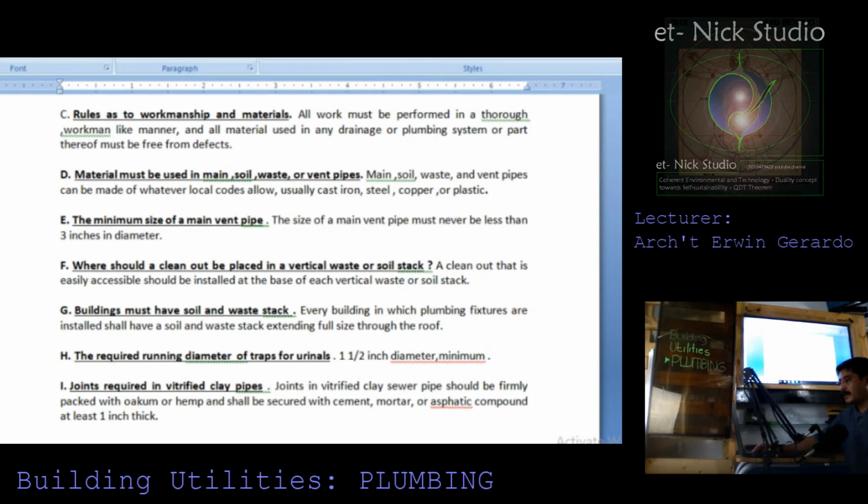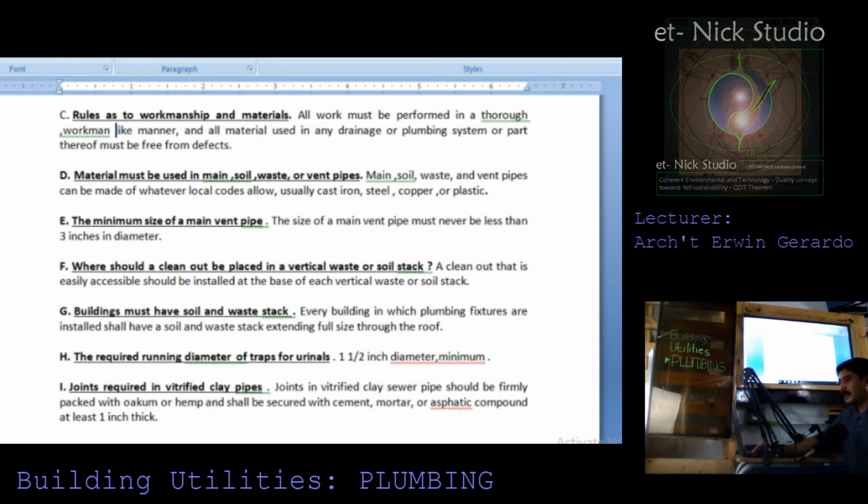Materials must be used in main, soil, waste, or vent pipe. Main, soil, waste, and vent pipe can be made of whatever local codes allow. Usually cast iron, steel, copper, and plastic pipe are used in domestic and industrial use.